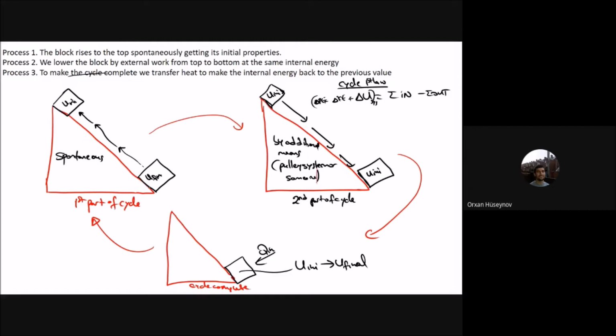The cycle starts at U final and ends at U final. It starts at Z final and ends at Z final, velocity final and velocity final. Therefore, for this cycle, this part is 0, because the initial properties are the same as the final properties.